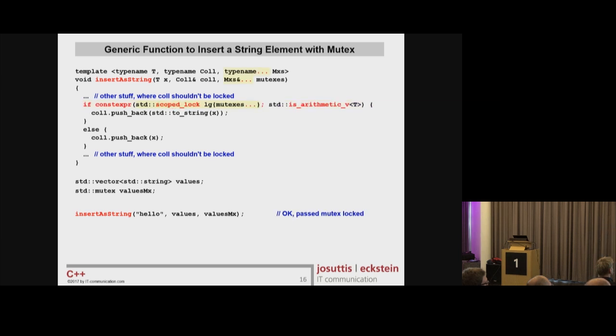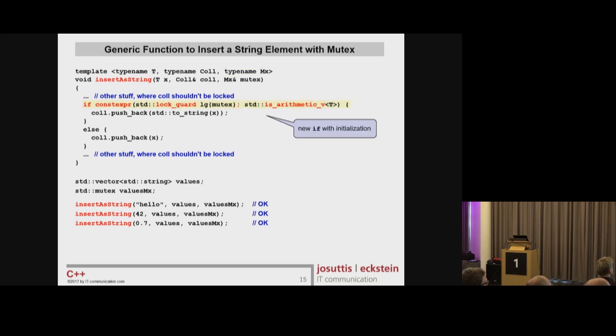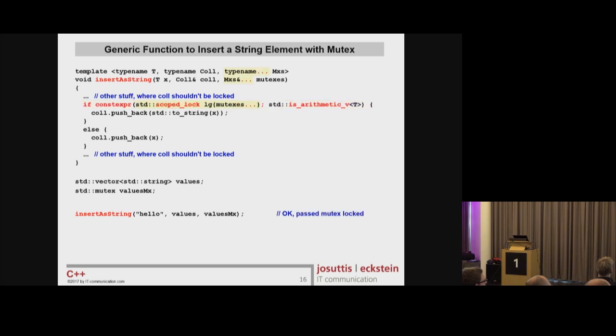Beware a little bit. Well, first of all, can we improve that even better? Yes, there might be an issue that we might not need a mutex, or that we might need multiple mutexes for whatever reason. So we have a new variadic lock guard now, and it is called scoped_lock.